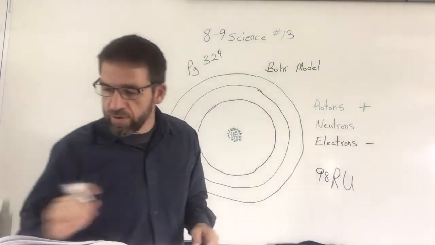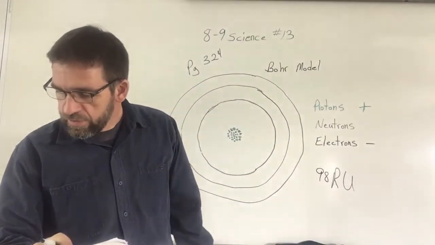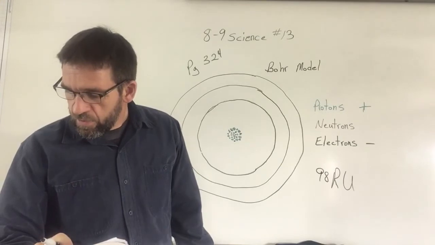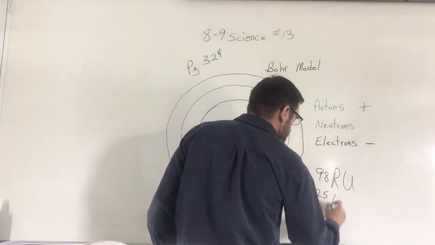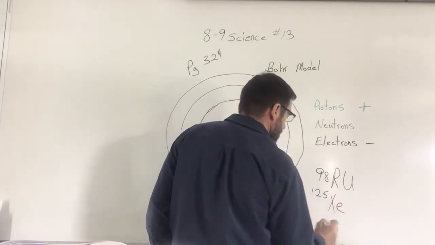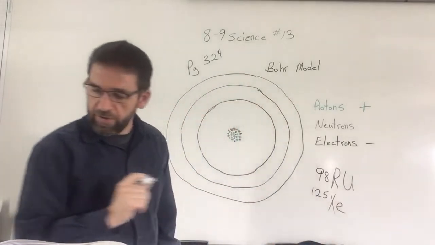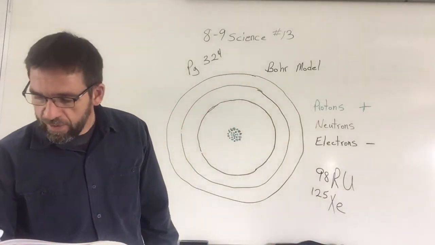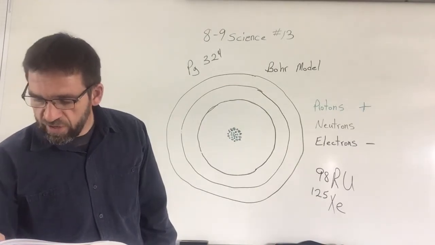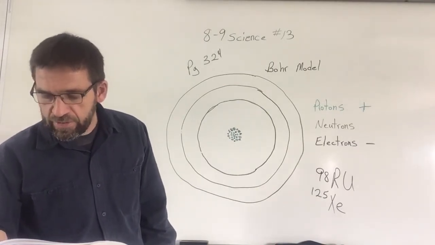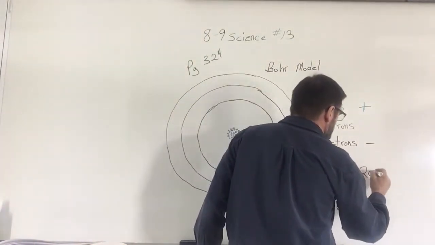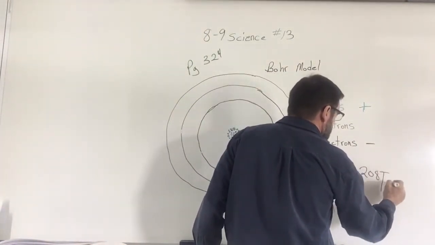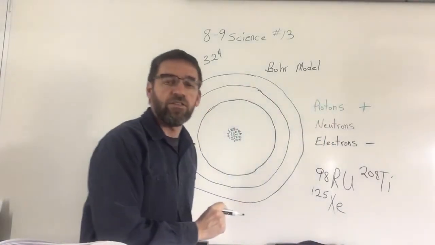And the other one is 125 Xe. That's for number 14. And number 15, you should have had 208 Tl. Can you see that?